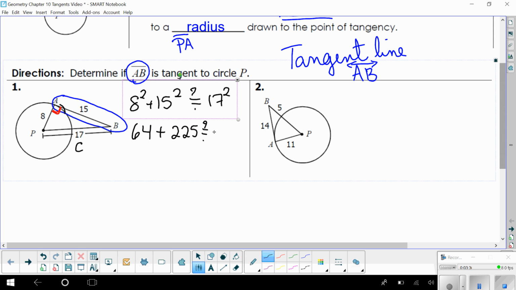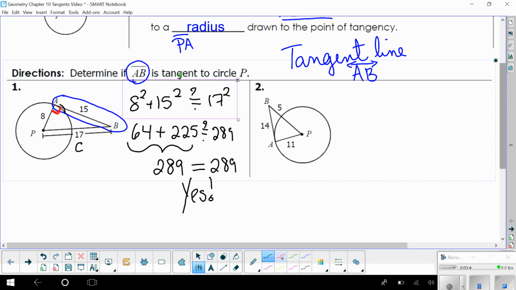Okay, so we're going to go through 64 plus 225. Does that equal 289? Well, what does that equal? Lo and behold, 289. Does that equal 289? Yes. So is it tangent? Yes, it is. Okay.